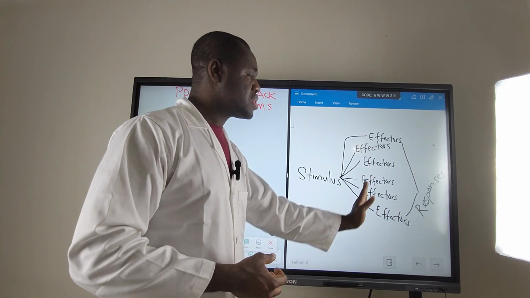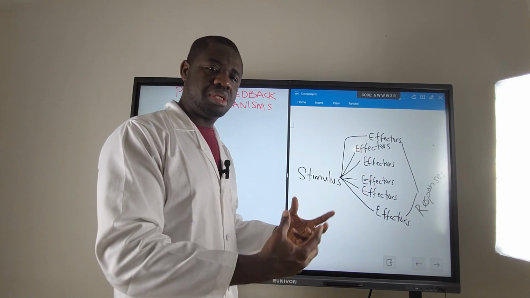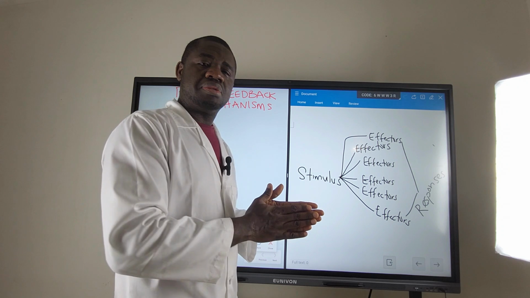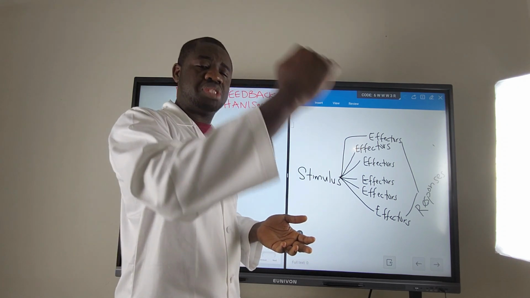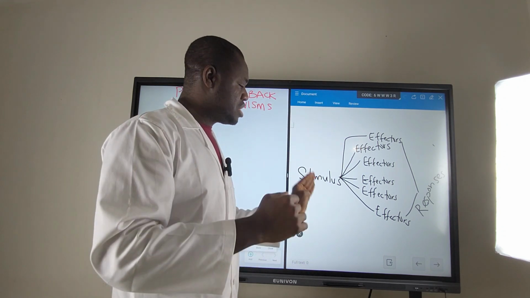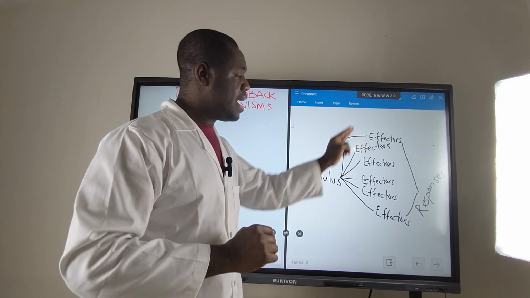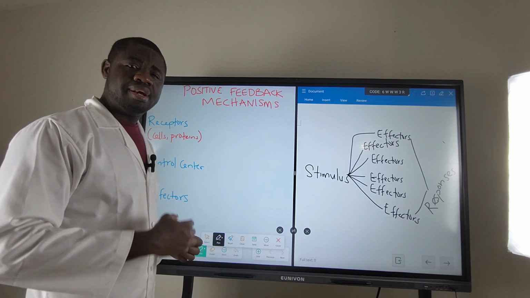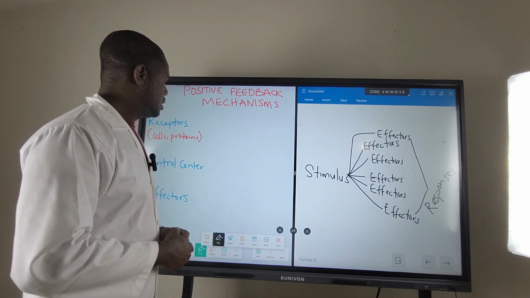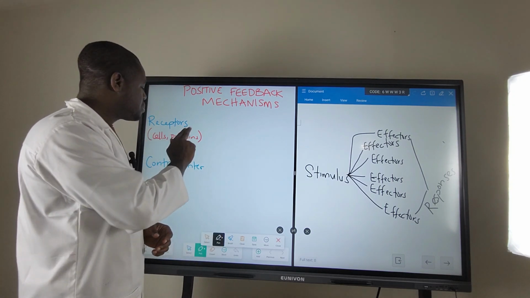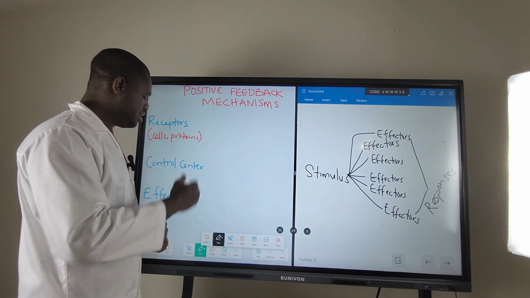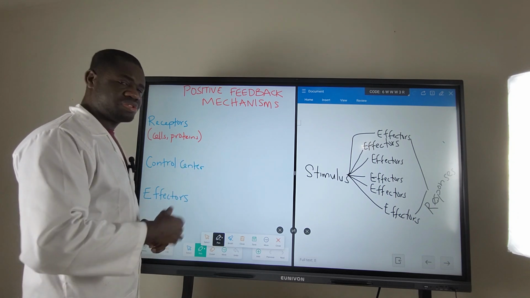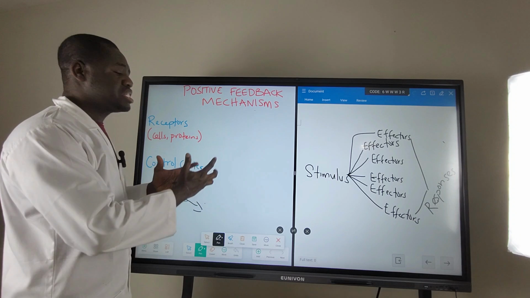So the effectors are the responders. The stimulus initiates more responses. The stimulus intensifies more responses. We still have the same components: the receptors, the control center, and the effectors. What will be our stimulus here?